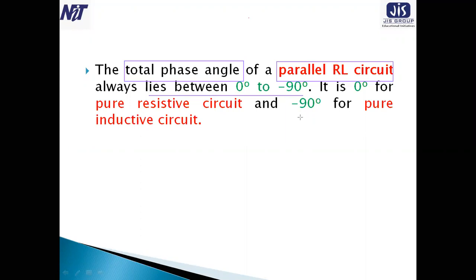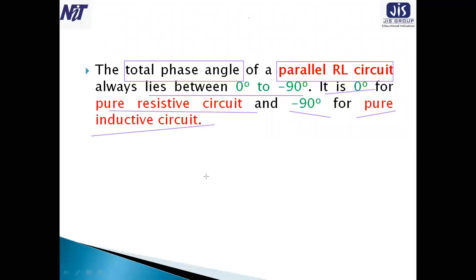It is 0 for a pure resistive circuit and minus 90 degrees for a pure inductive circuit.